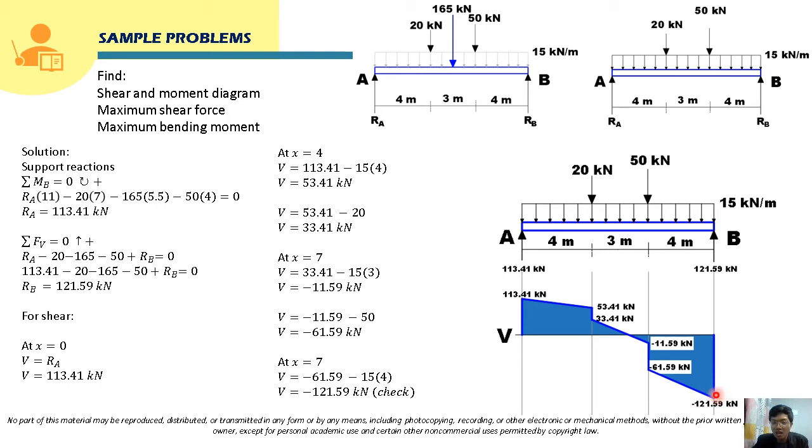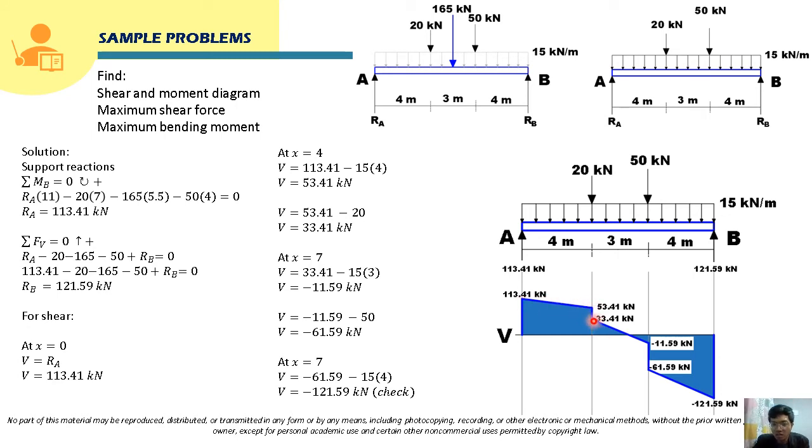Okay, so class, connecting these points, let's say from this point to this point, since the loading here is just a rectangle, definitely the shear will just be a triangle. So it will just be a straight line. We will just connect these 2 points by a straight line. So it will go down.